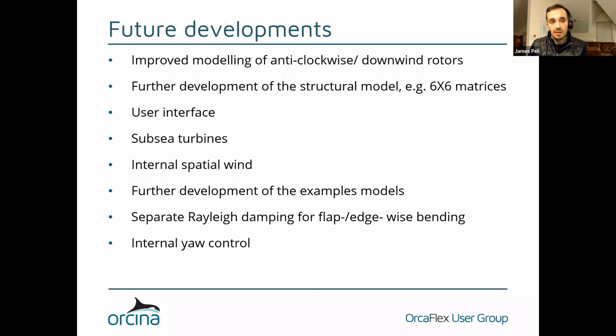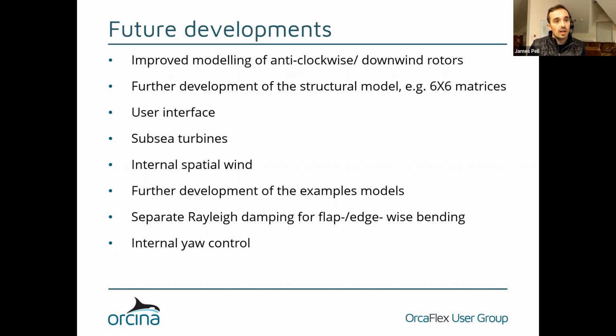There is apparently going to be another reference wind turbine released publicly, a 20 megawatt. When that happens, we will hopefully look to take that and build an example OrcaFlex model out of it. But obviously we can't do that until it comes. And we'll look at some separating radiation damping and also internal yaw control.